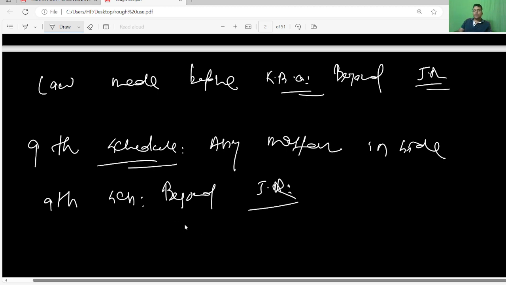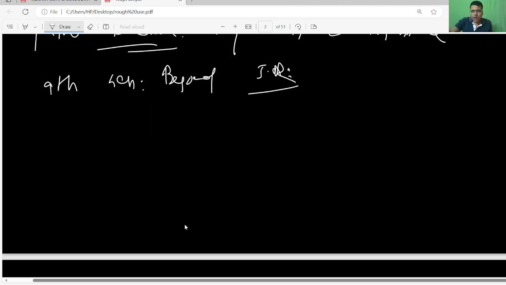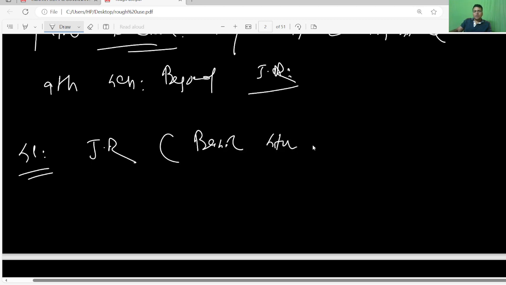Arguing this, the Supreme Court said no, the concept of judicial review is itself a basic structure of the Indian Constitution. So the judiciary can review any part of the Constitution, and judicial review is applicable to the Ninth Schedule also.